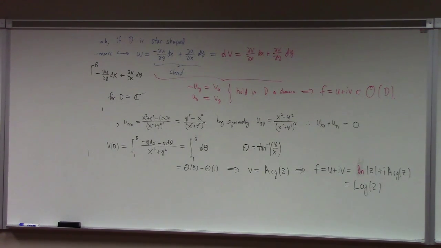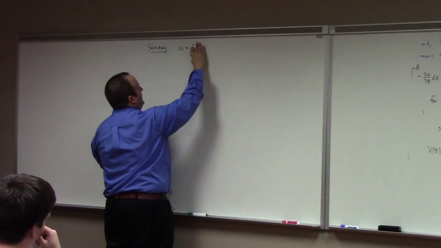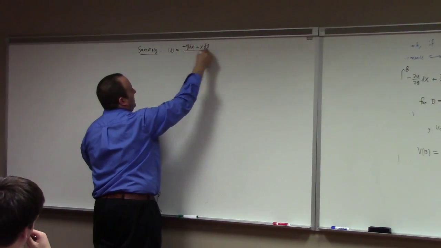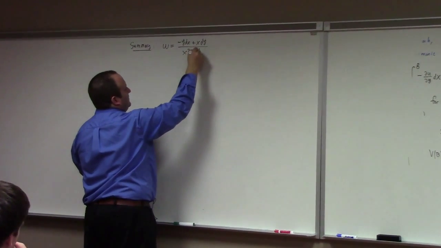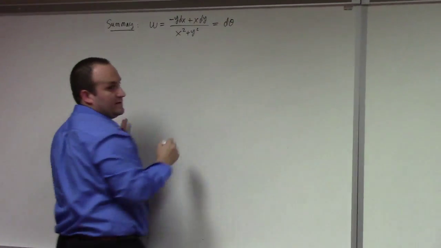And do you now understand why it is that we couldn't? Why, even though so just I'll make sure you guys get the point here. So we had omega is equal to minus y dx plus x dy over x squared plus y squared. So basically what I'm telling you is the way to understand this quickly is that this is d theta, right?